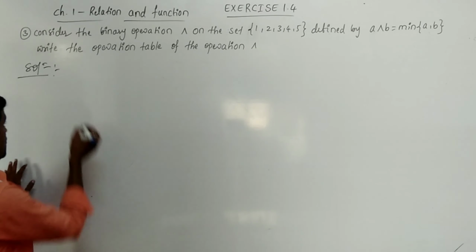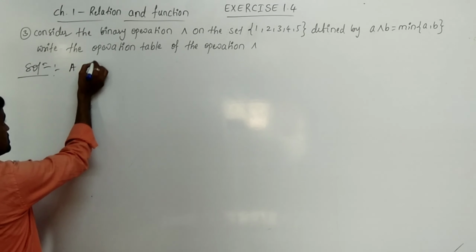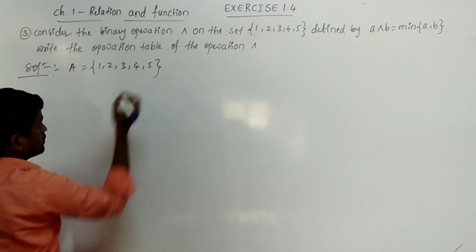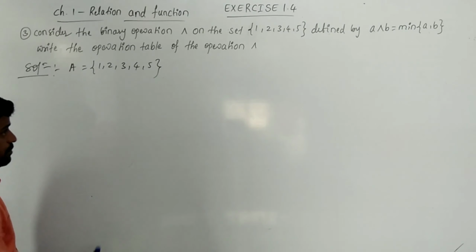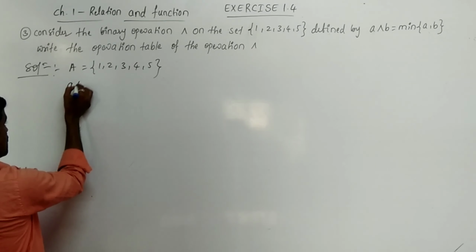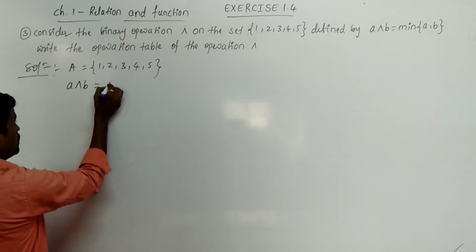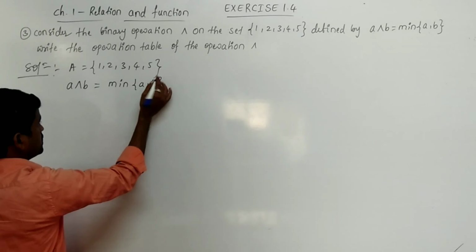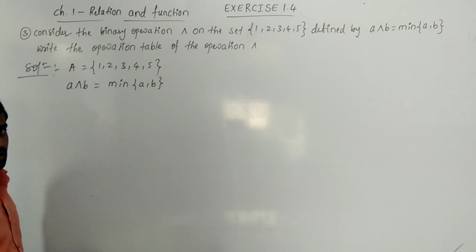Here the given set A is 1, 2, 3, 4, 5. The operation is a operation b equal to minimum of a and b. Write the table.